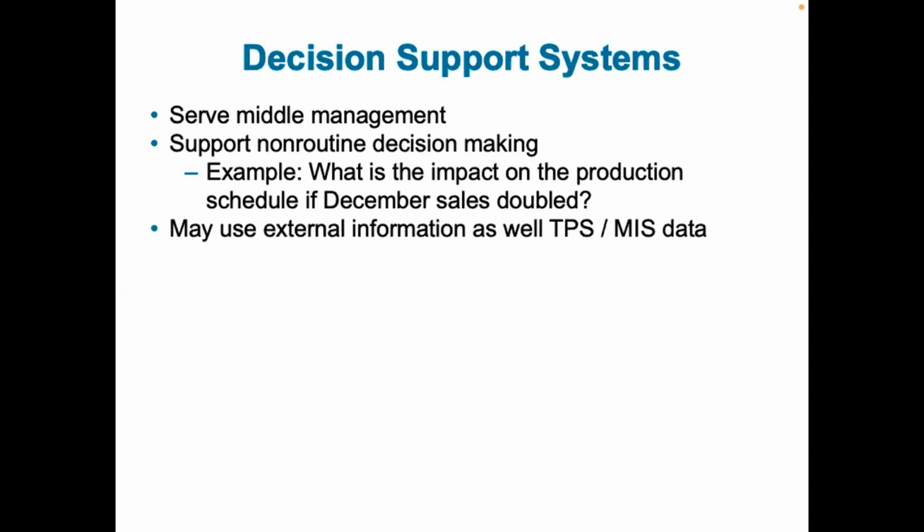Okay. Then we're also saying that a decision support system may use external information as well as a transaction processing system or a management information system. And the example someone gave about Ghana. Assuming you are dealing with suppliers who are far away, maybe South Africa, but you have a material planning system which operates on a JIT basis, just in time.